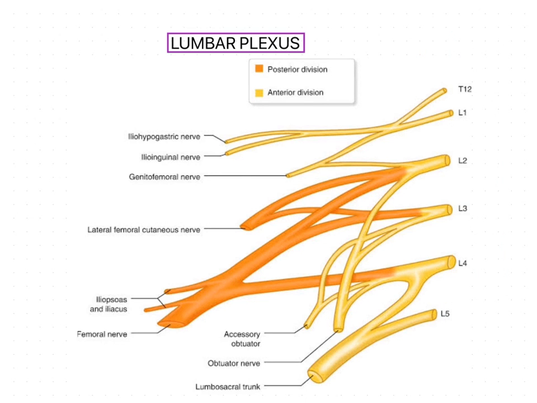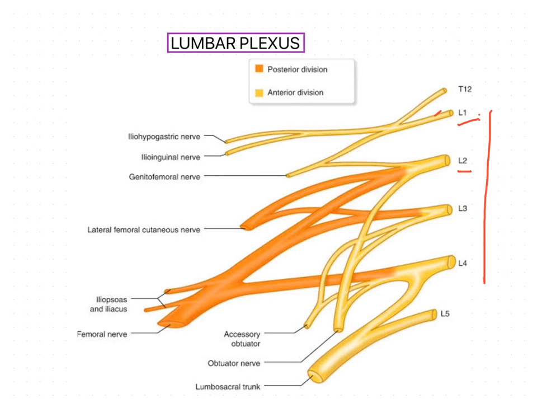We have already known that L1 to L4 is forming the plexus, isn't it? So if you see these two nerve roots, L1 and L2, the anterior primary rami of L1 and L2 is divided into upper division and lower division.